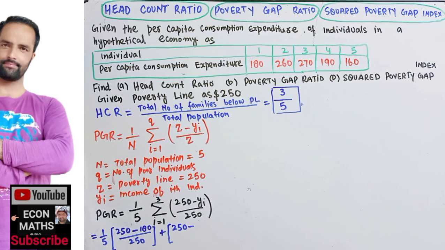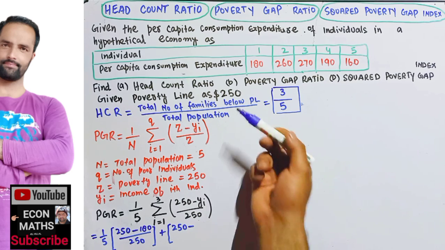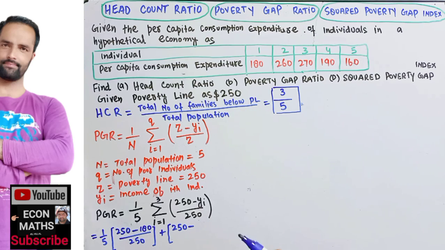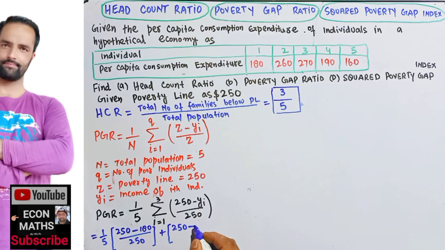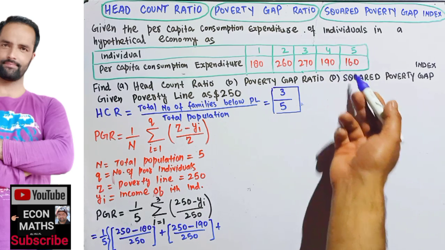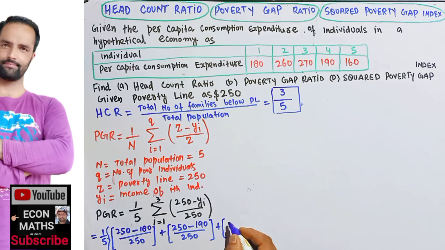So the income or expenditure of the second individual whose income is below 250, here we can see it is the fourth individual. So we write 250 minus 190 divided by 250, plus. This 1 upon 5 is multiplied to each of these terms. Then we have the last individual, so here we will have 250 minus yi, where yi will be equal to the third poor individual's expenditure.